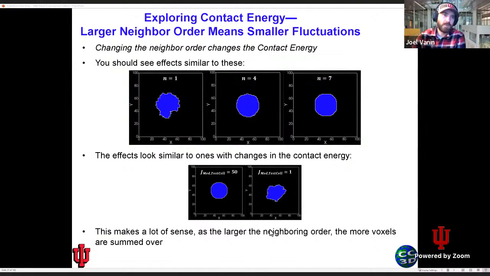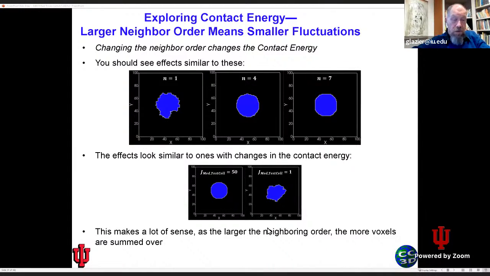I have a question. Is that considered at every time we are trying to do the copy of each voxel? Is when it's considered? So there are two things going on. That's one of the other things that can be a little bit confusing, is that you have, in principle, the ability to have different neighbor orders for different processes.